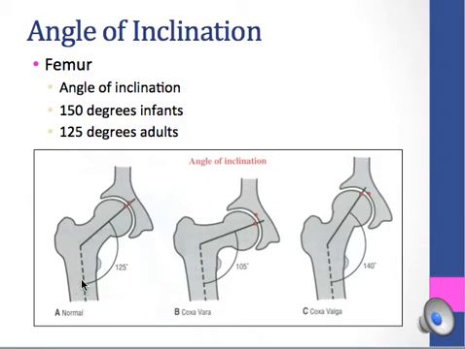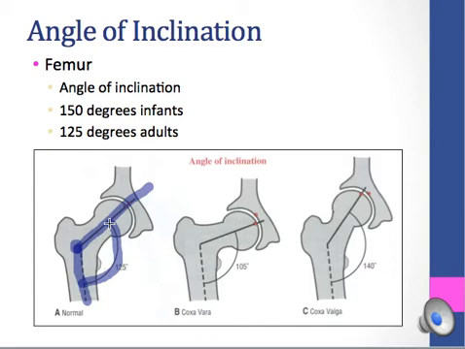So we would say normal is this nice 125-degree line that we see. It's this angle through the center of the femoral head into the acetabulum. And then we have this nice arc right here. It gives us a lot of room for movement, and gives us stability.